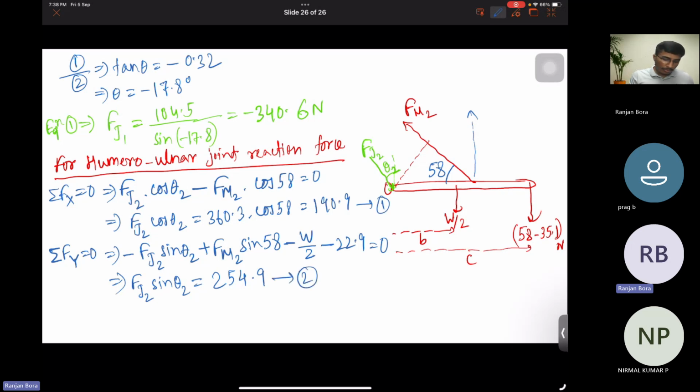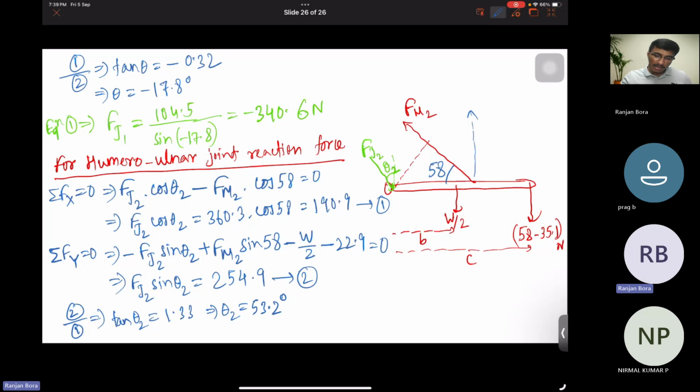Now if we do equation 2 divided by equation 1, then tan theta 2 is 1.33, and from here theta 2 is 53.2 degrees. So in this case, it is coming positive.